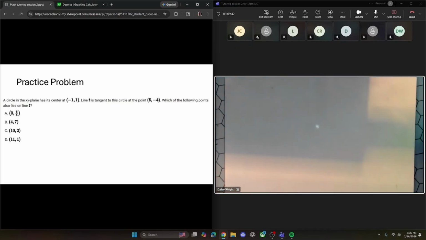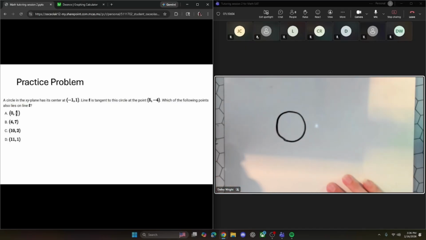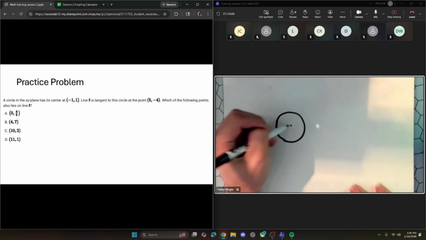A circle in the xy plane has its center at (negative 1, 1). Line T is tangent to this circle at the point (5, negative 4). Which of the following points also lies on T? So, some of these circle questions you do have to draw out. So let's draw a circle. And you have center (negative 1, 1).